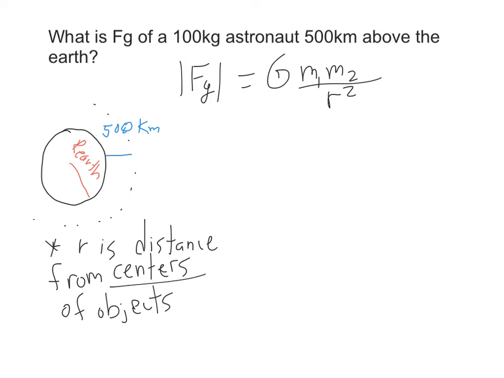Now, because we're not near the surface of the Earth necessarily when we're in orbit, we need to express gravity using Newton's universal law of gravitation. So what we'll do is use Newton's law of gravitation to figure out how large that centripetal force will be in newtons in this case.